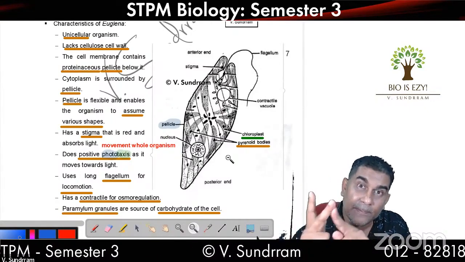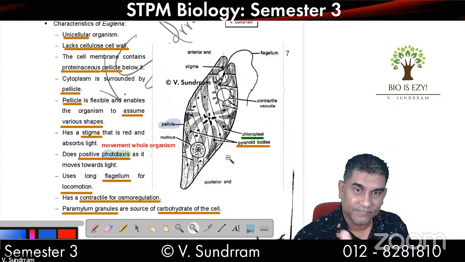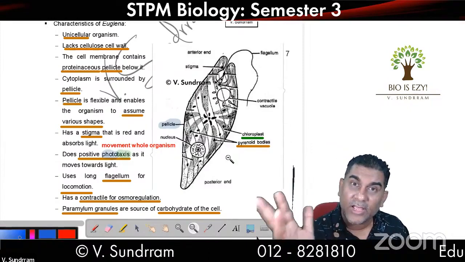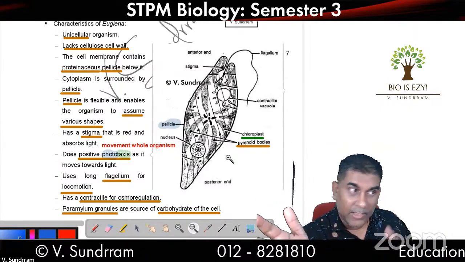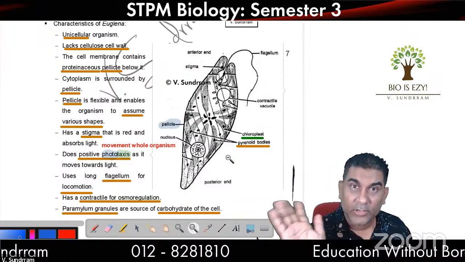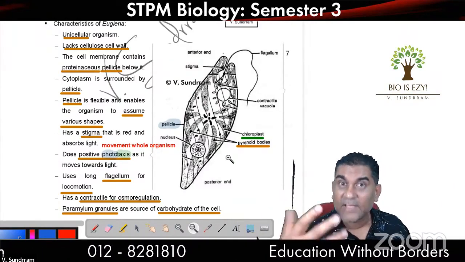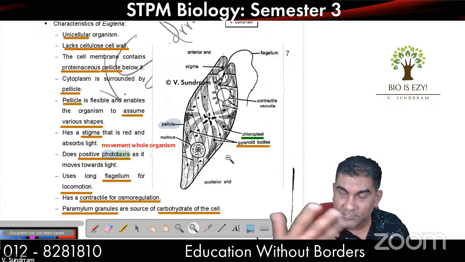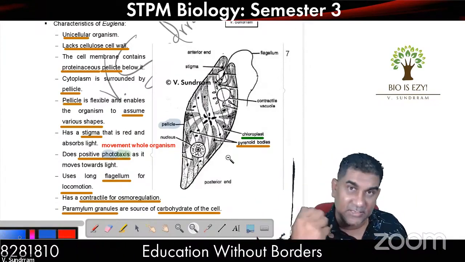They have membrane-bound organelles. That's one. Do they have or don't have cell wall? Algae have cellulose. Euglena don't have. But they don't have, already 1 mark. But they have pellicle. That's another 1 mark, to maintain the shape.